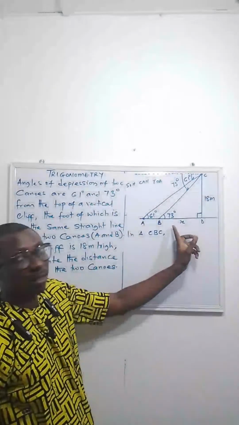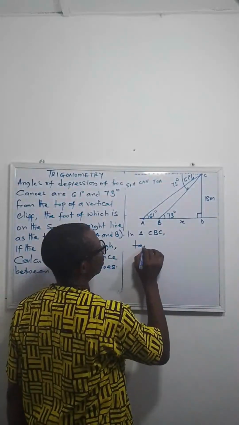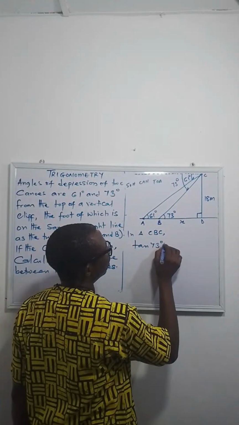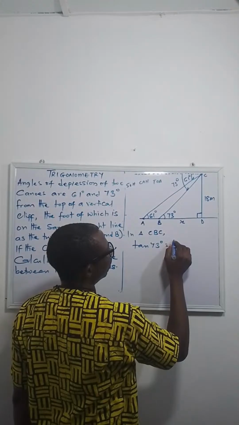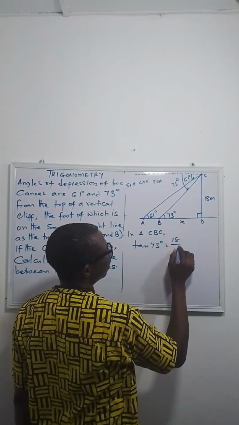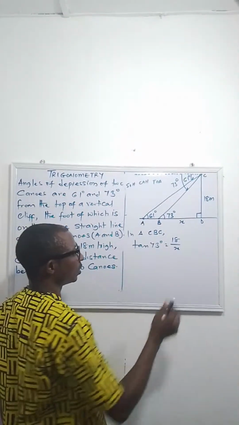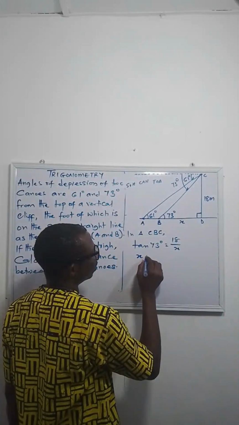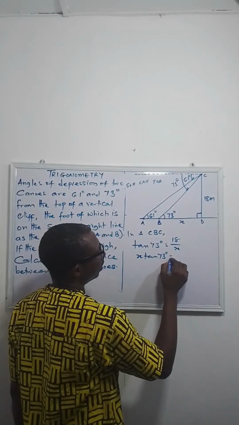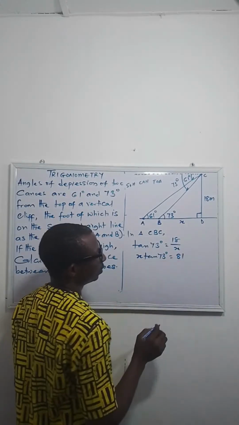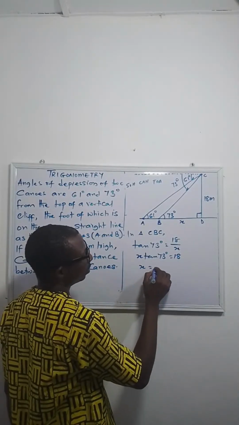So we have tan 73 degrees equals opposite over adjacent. Opposite is 18, and adjacent is x. Here you can cross multiply. We have x tan 73 degrees equals 18.